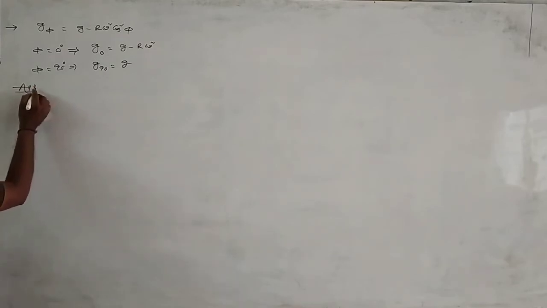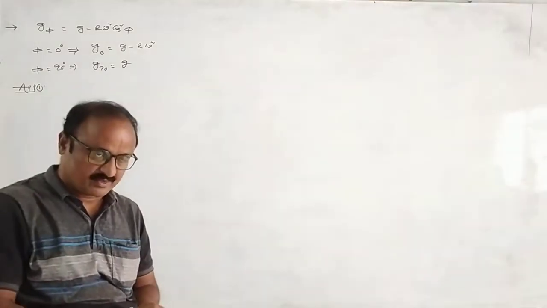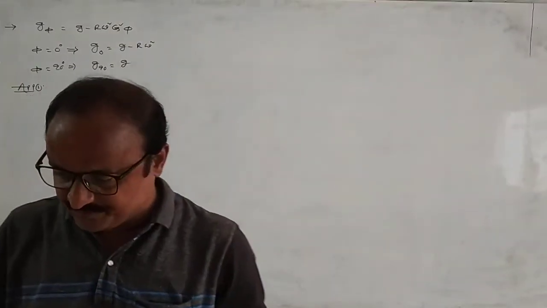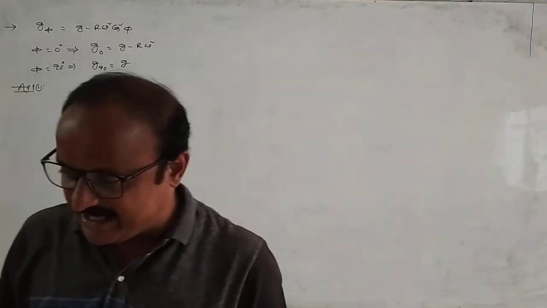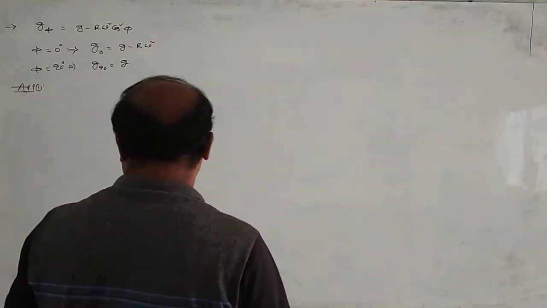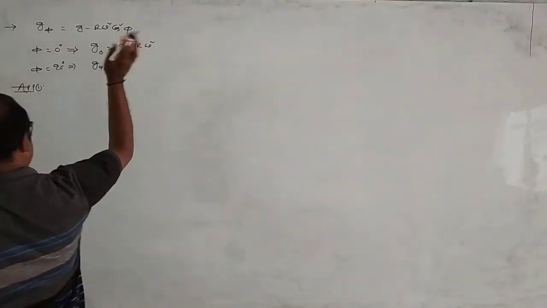There is a simple application, a question example. It is given: find the time period of earth about its own axis so that the weight of the body at the equator becomes 0.